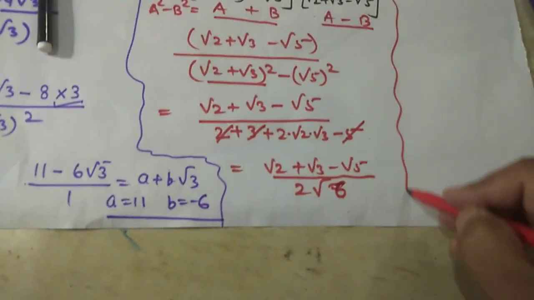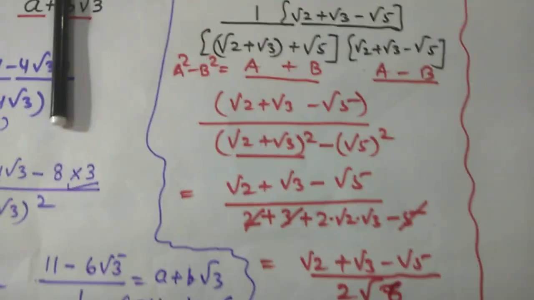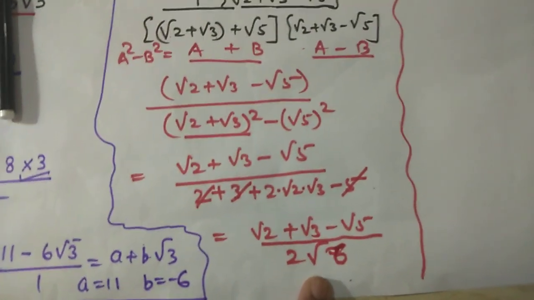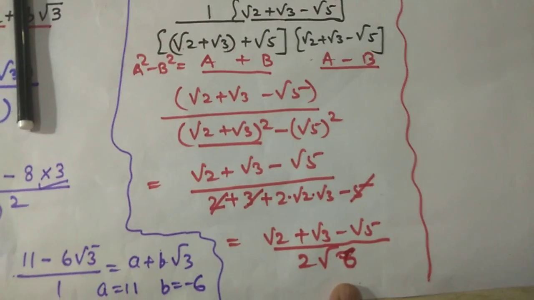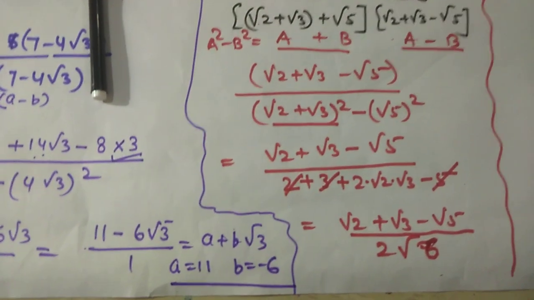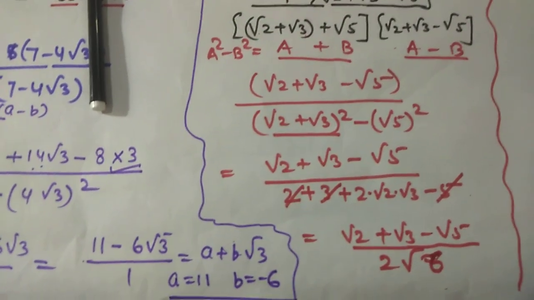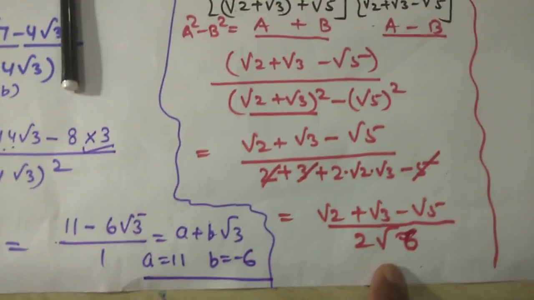Now why have I chosen this question? Because I just wanted to give you multiple rationalization. 2 root 6, this value is not defined, so we have to rationalize root 6 also. Until the denominator has no surd, your answer will not be final; otherwise this is incomplete.